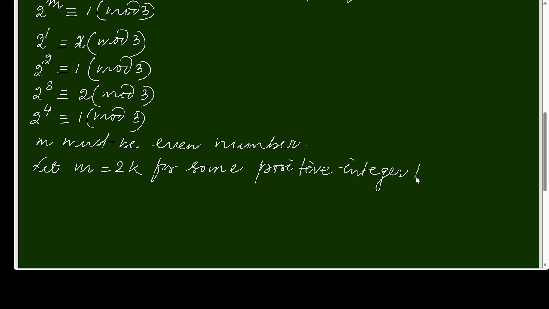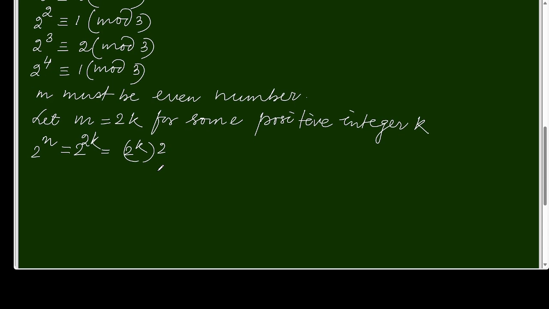Then 2 power m equals 2 power 2k, it is an even number, so I am taking twice k, then 2 to the power k, whole square.